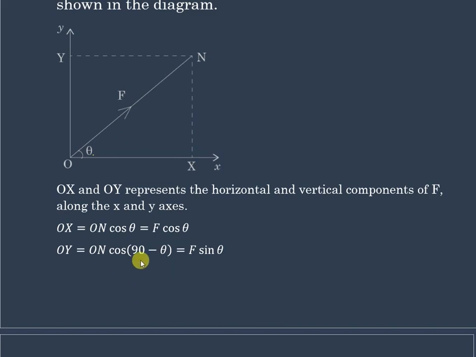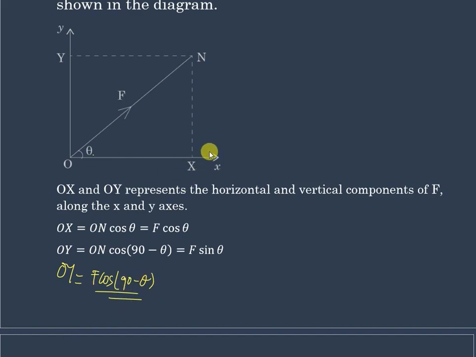But take note that OY is equal to F cosine of 90 minus theta. There is a reason why we are writing that, because by definition it is 90 minus theta which gets us F sine theta.